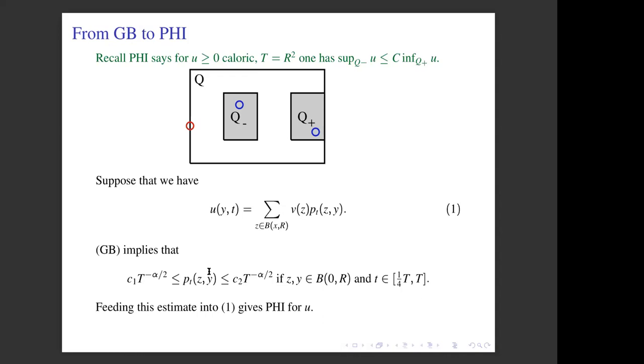And actually, we would need to compare the measure of two balls, of radius C1 t to the 1/2 and radius C2 t to the 1/2. So in order to get the upper bound and lower bound comparable, we would need to be using the volume doubling property. But what's the role of alpha?